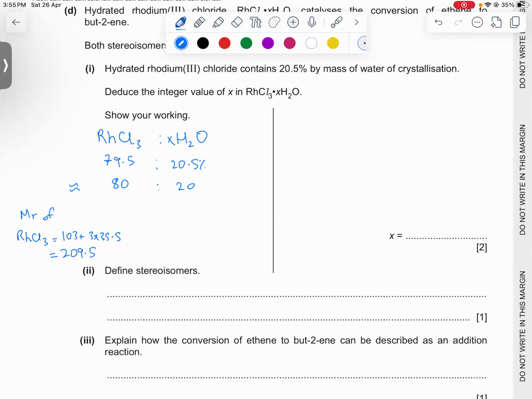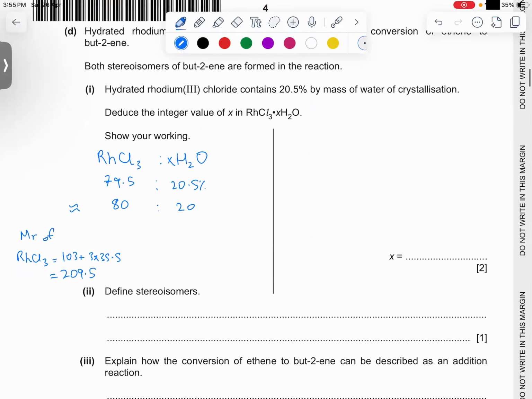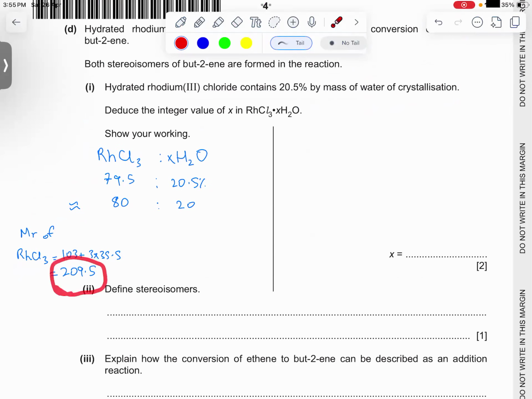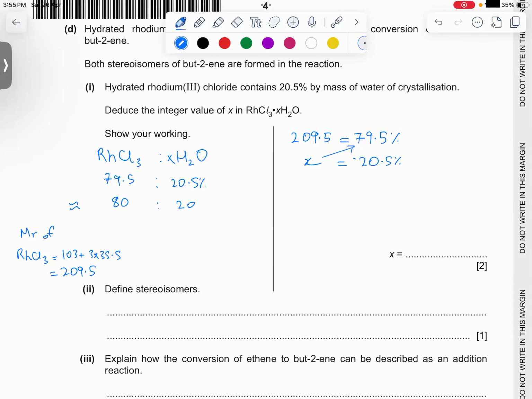All right. So we now know that 209.5 is roughly equal to 80%, or 79%. So let's just take it as an absolute 79.5%. So how much mass would be equal to 20.5%? We'll just cross multiply now.